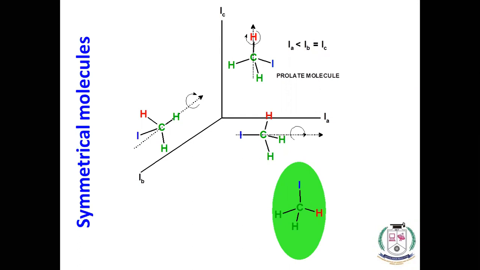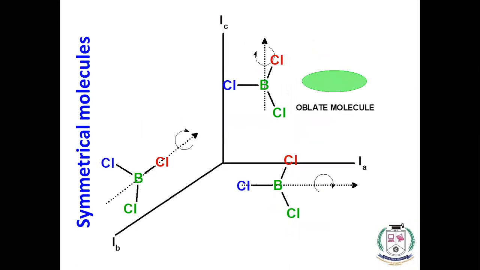Let us see another type, that is oblate. Now what happens in boron trichloride? You see Ia, Ib and Ic. Now this Ic is higher, Ib and Ia are lower. That means in one direction it is reducing the moment of inertia, and in the remaining two directions it is increasing.